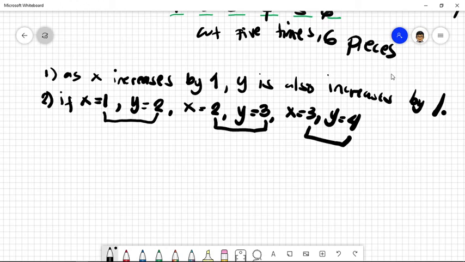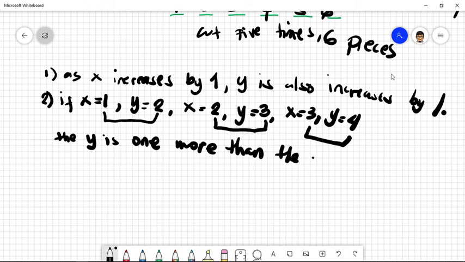Yes, as you can see, the number of pieces y is 1 more than the number of cuts, which is represented by x. So, this is now our final conjecture.